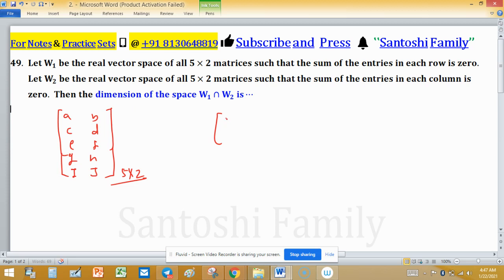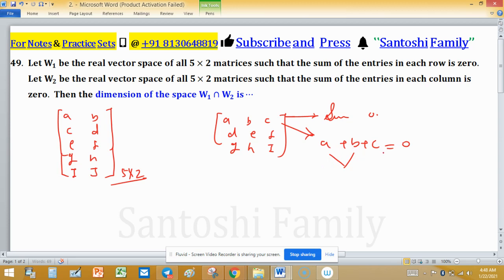Consider a 3 by 3 matrix A, B, C, D, E, F, G, H, I, and I say the row sum is 0. It means A plus B plus C for the first row is equal to 0, so all the entries in the first row sum to 0. It means you are independent: either choose A or C, this is the first pair, then B will be the additive inverse of their sum.